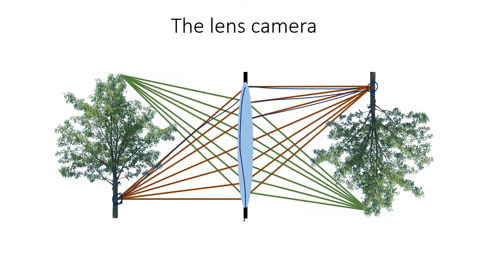And for another scene point, as you can see, from here there is also a bunch of rays and it goes through this range. Also the goal of the lens is that it should be focused on this point. All of the rays from this same point should go to this point in the image plane.